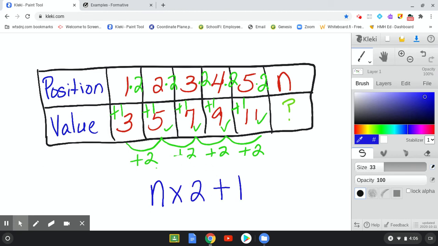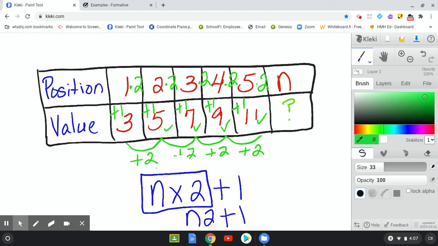But if you remember, I do not need a multiplication sign, right? Because when I have a variable next to a number, I know it means multiplication. So n2 plus 1. Uh-oh, what did we say about a variable before a number? We should not have a variable before the number. So we're just going to switch how this looks.